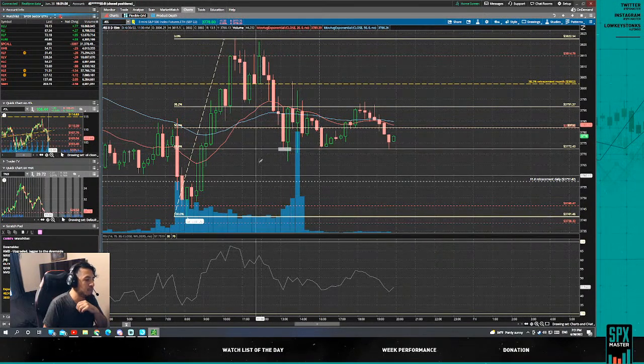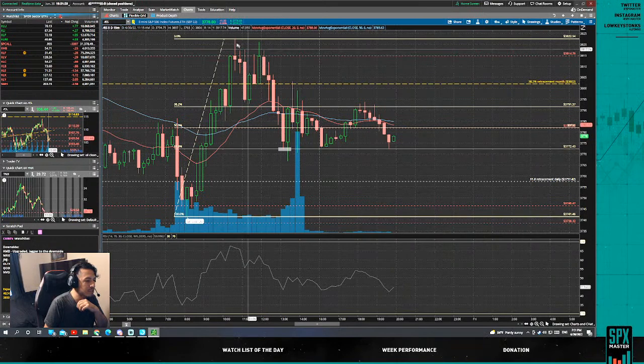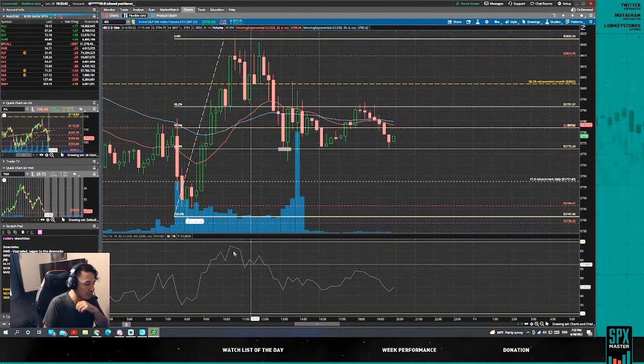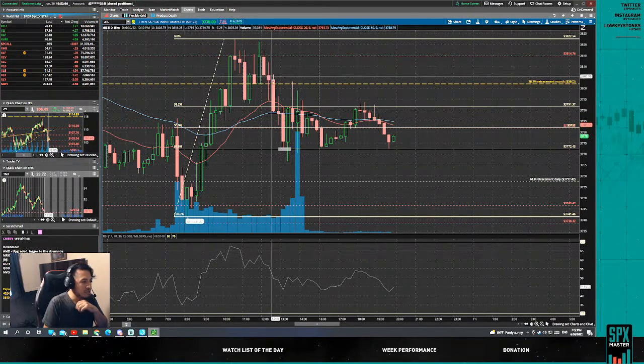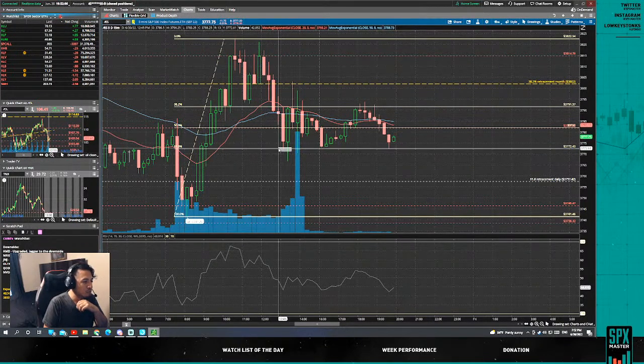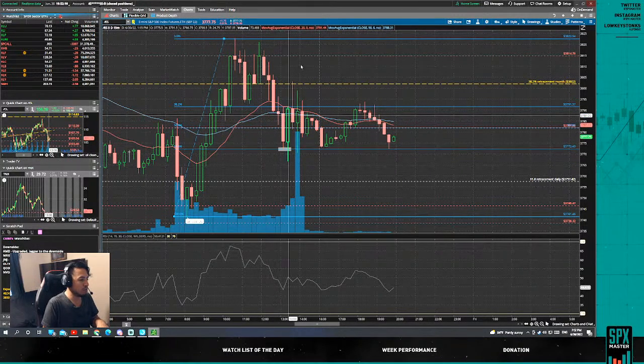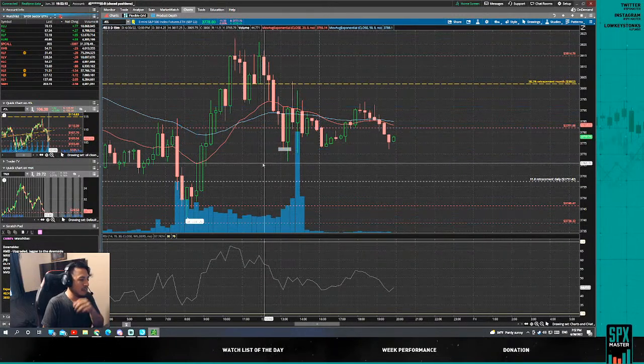This is where I take my profits on my puts. I spot the divergence, I spot the ticks changing trend, I spot this double top, I start happily shorting. Where do I take profits? 618, right? Because that will be the place where the bulls pick it up, right?